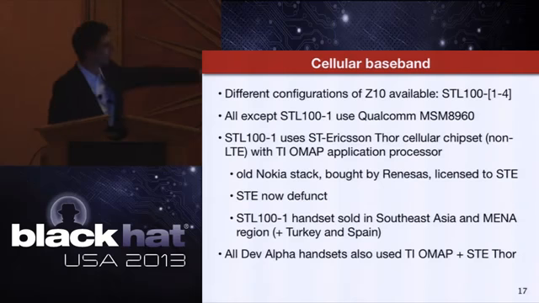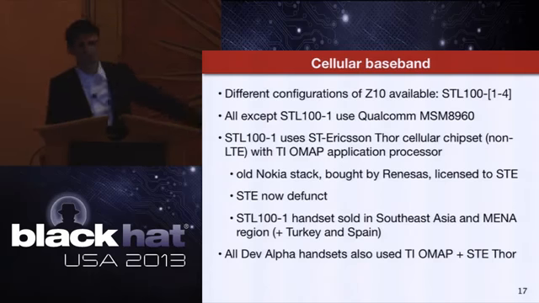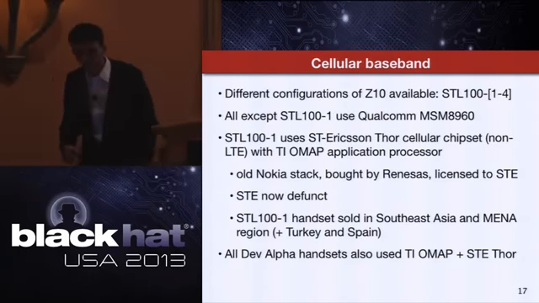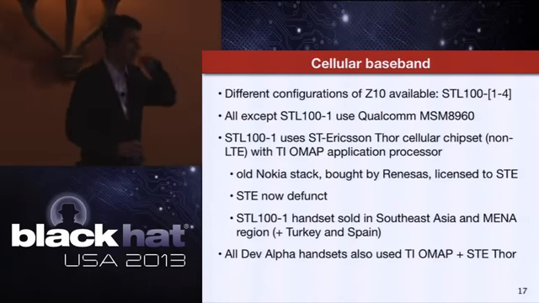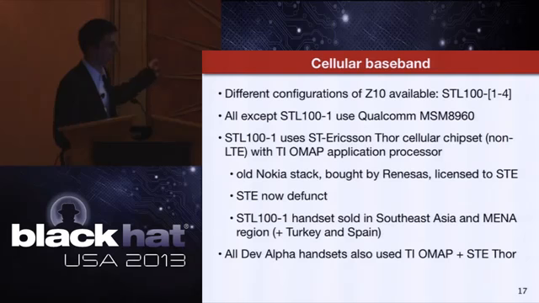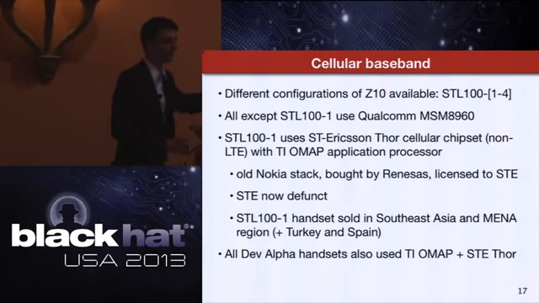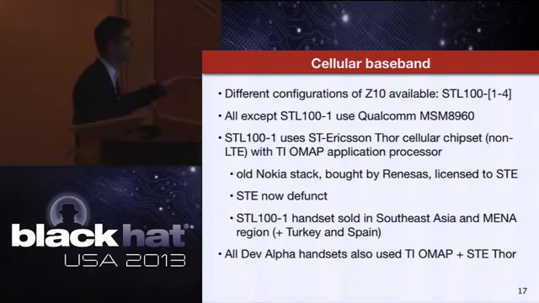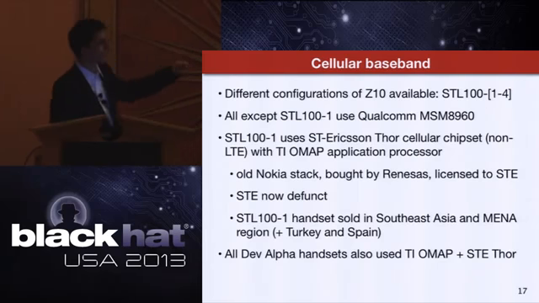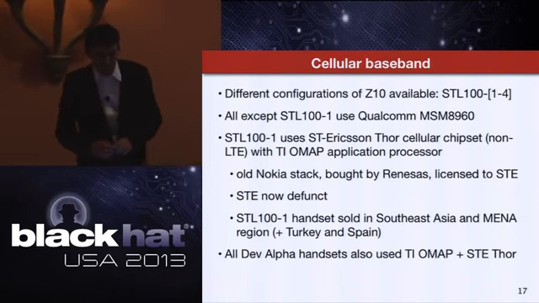I think this is because initially when they started developing the platform, they had these Dev Alpha devices, and they're all aware of this exact same chipset combination. And this actually runs the old Nokia stack that was bought by Renesas and licensed to Sony Ericsson. The problem is the baseband division of ST Ericsson now is defunct. They don't develop anymore. They kicked out all their people. And this handset still is sold in Southeast Asia, the MENA region, and Turkey and Spain.